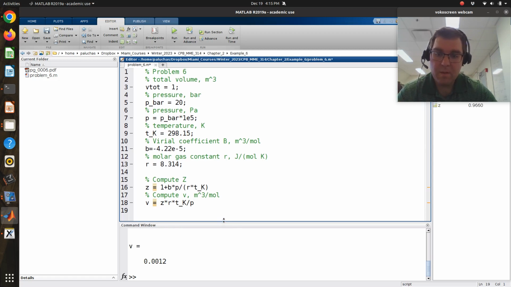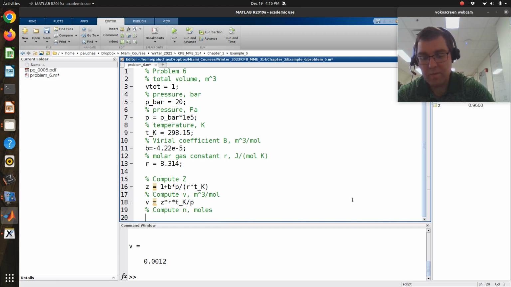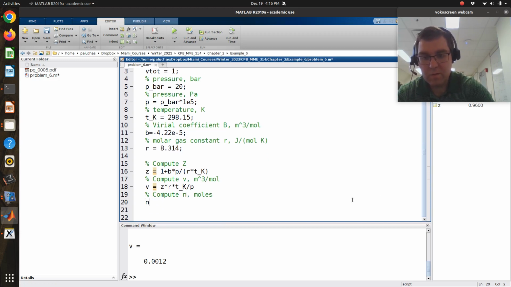Now to get moles, let's compute my number of moles. We said that N was going to be equal to V total, my total volume in meters cubed, divided by V. I'm going to suppress V because we don't need its value at the moment.